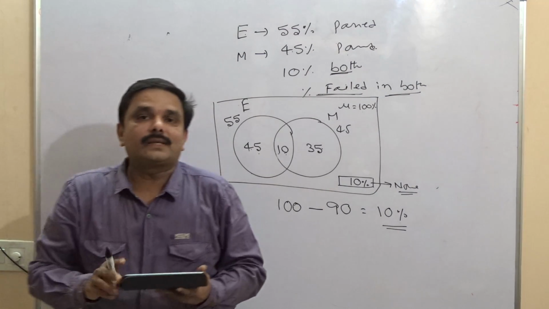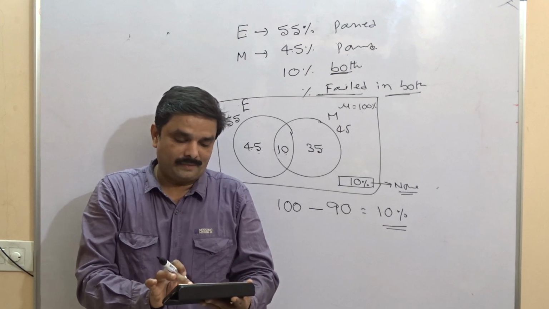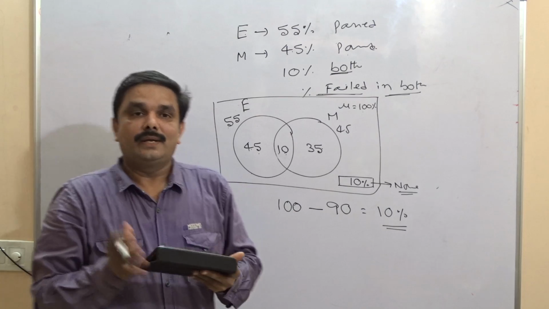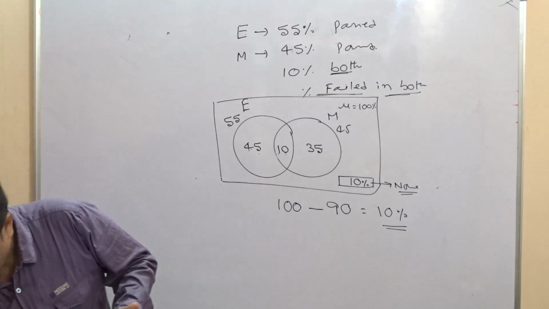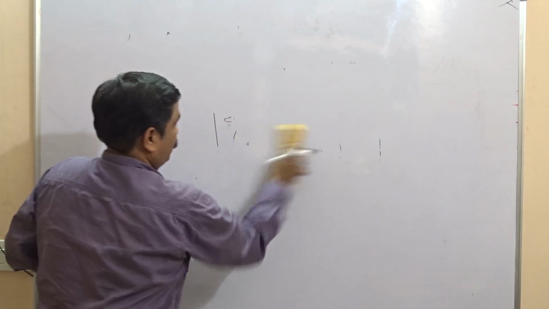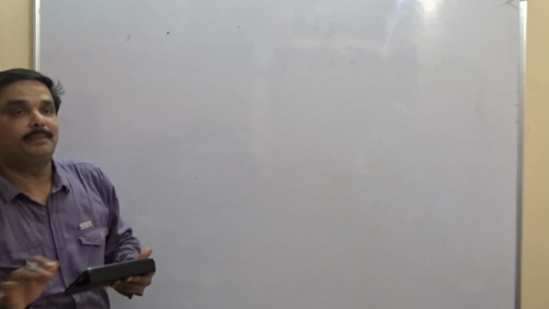I've just collected this question from one of the very important competitive exams. In an examination, they have given it this way: 70% of the students passed in paper 1.